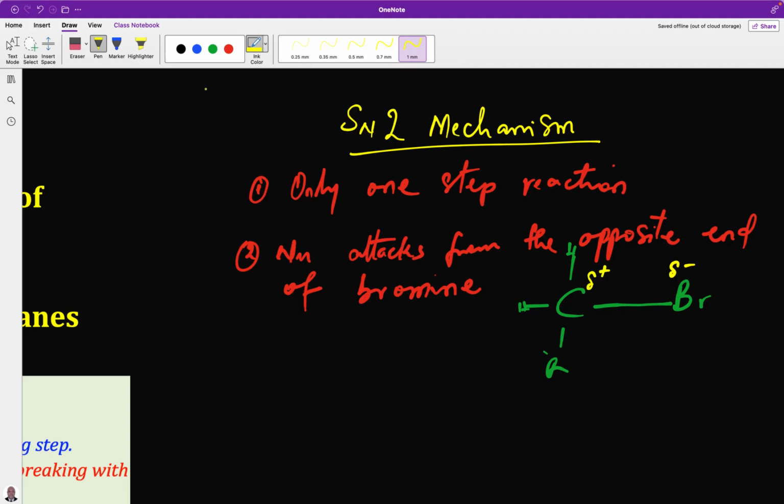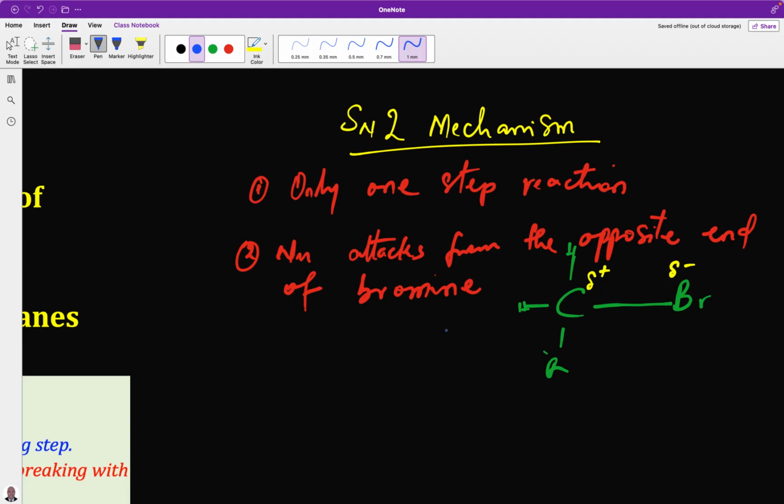So what I am in fact saying is that the nucleophile approaches the primary halogenoalkane from the opposite side. That's why I said the nucleophile attacks from the opposite end of the bromine. This is bromine. The opposite side of bromine is this one. So the nucleophile will have to attack from this end.